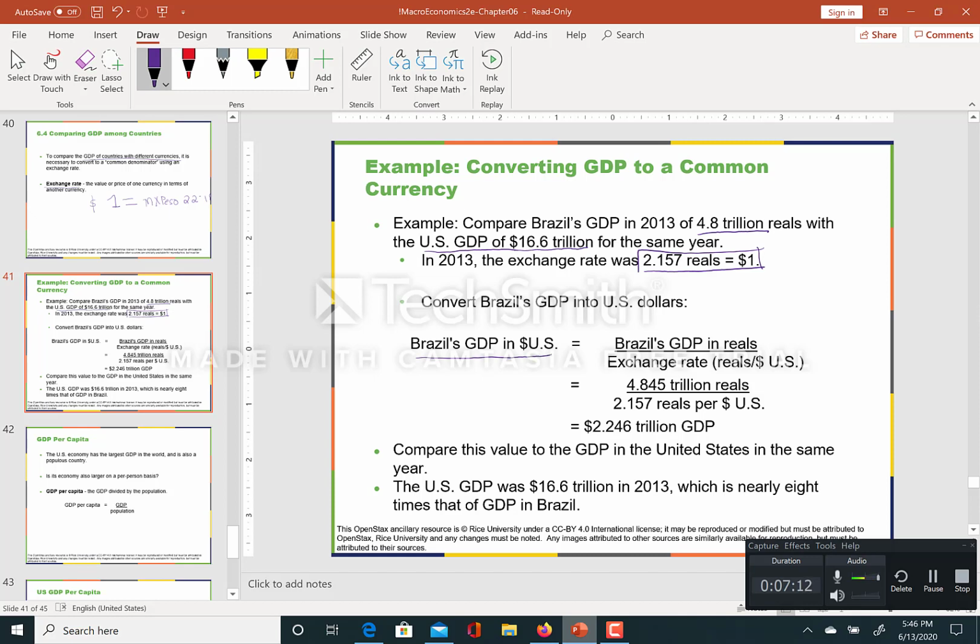Converting Brazil's GDP into US dollars, I'm going to take Brazil's GDP and divide it by the exchange rate, and this is what I get in US dollars. So I can compare the US to Brazil, and the GDP for the US is much greater compared to the GDP for Brazil.